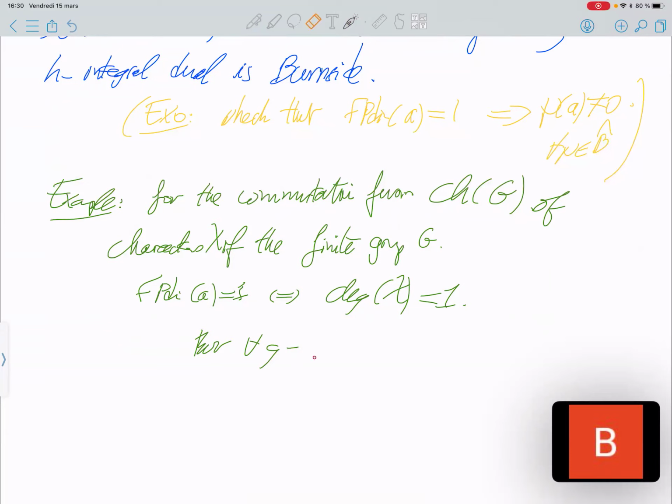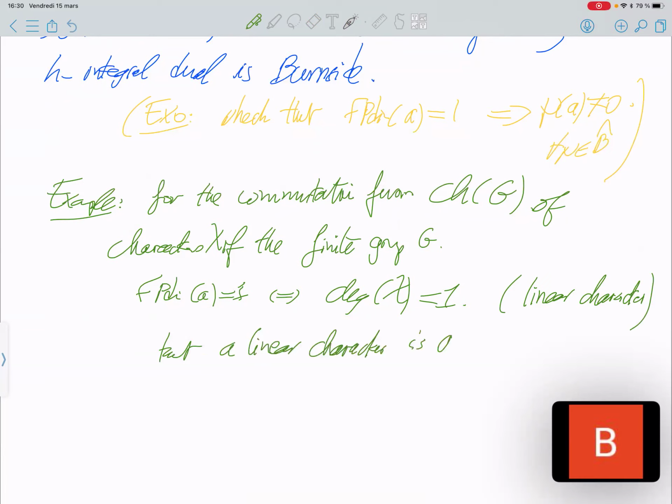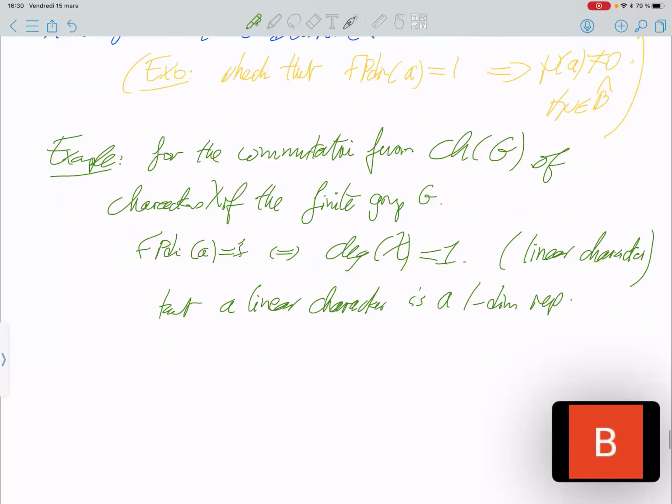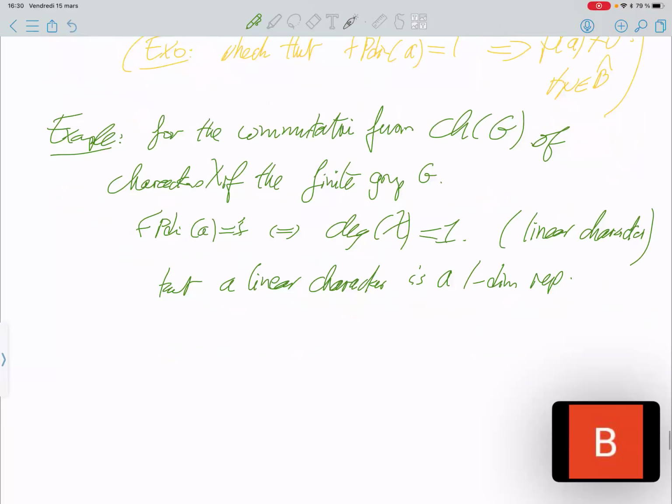which means linear character, but a linear character is a one-dimensional representation. So rho.